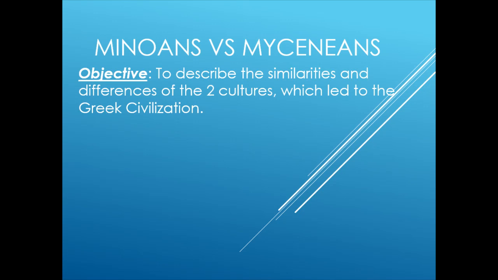Now make sure you write this down, underline it, circle it, star it, make a signal to yourself to come back to this later because it's very important. And again, when this is done, you can turn this into a study question after we learn about these two groups and you can say, okay, what were the similarities and differences between these two cultures? That's how we use our objectives.